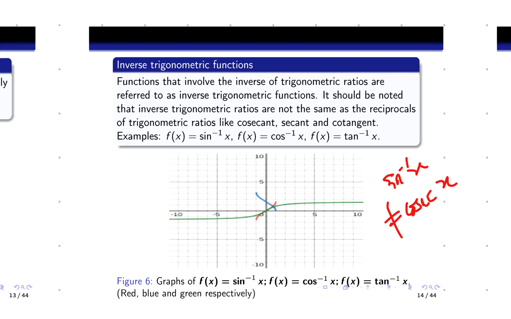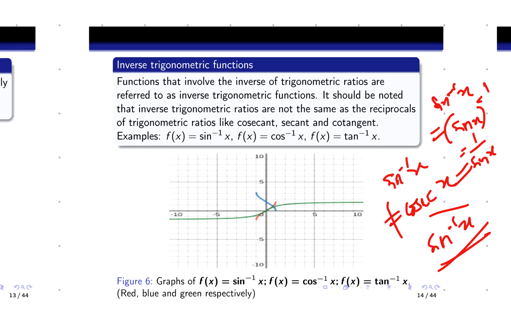In the same way, arcsine of x is not the same thing as sine x inverse, which is 1 over sine x, which would be cosec. So just leave this as inverse of sine x and treat it that way, so you don't get into any confusion. Look at the examples: arc sine of x, arc cos of x, arc tan of x. These are the inverses of those respective trigonometric functions.